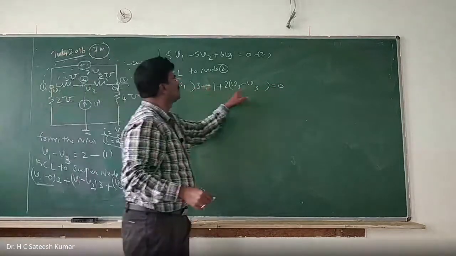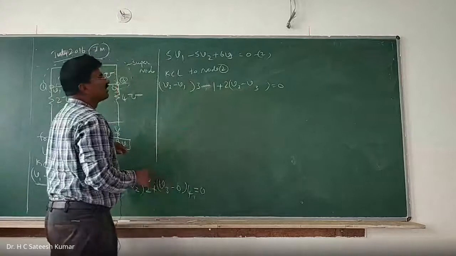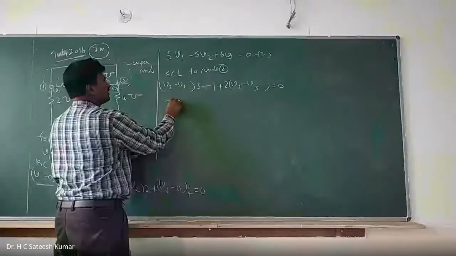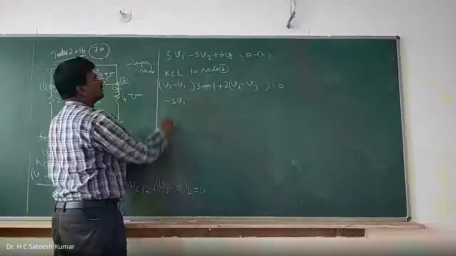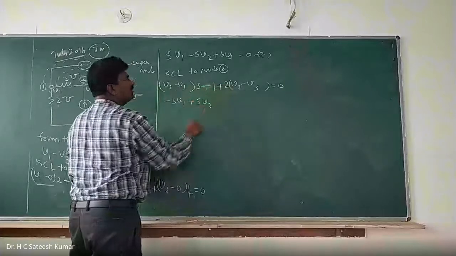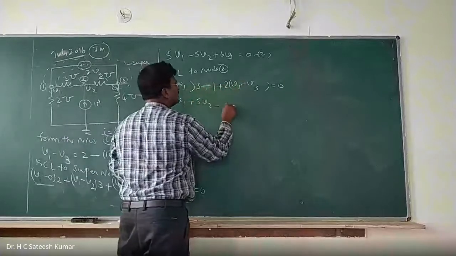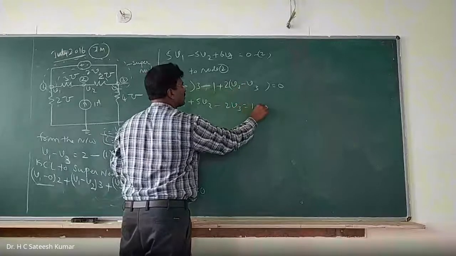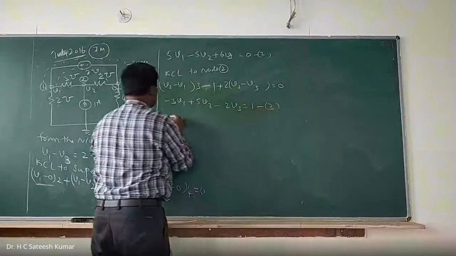That's all, three terms. So we have minus 3 V1 plus 3 V2 plus 2 V2, 5 V2, minus 2 V3 is equal to 1. Call this equation number 3.